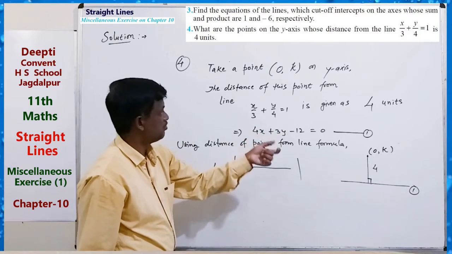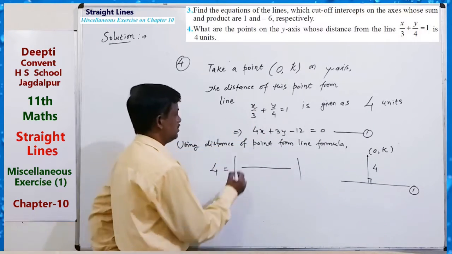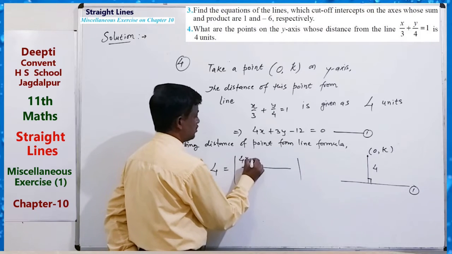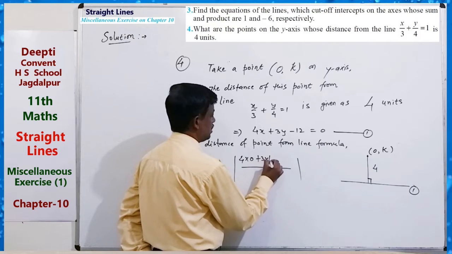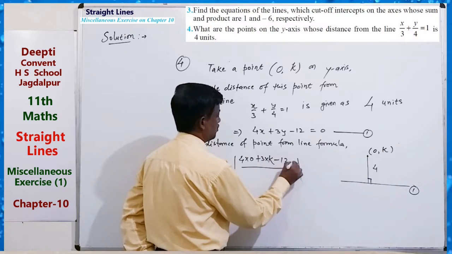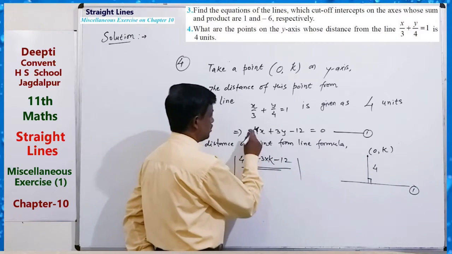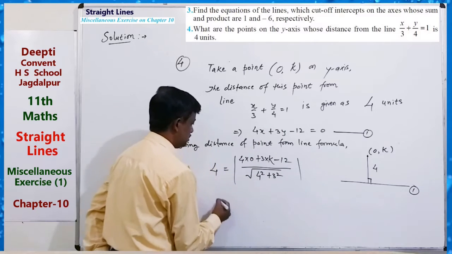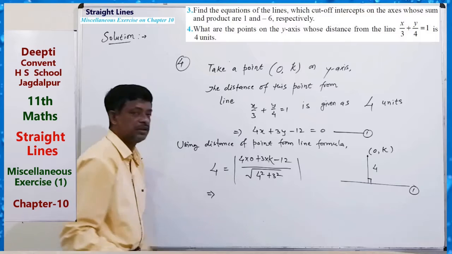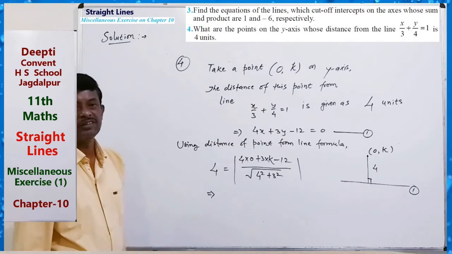In place of x and y we have to write 0 and k. So 4 into 0 plus 3 into k minus 12 upon root over a square plus b square, means 4 square plus 3 square. Just solve it and we can get the value of k.